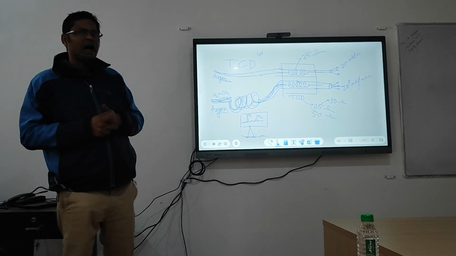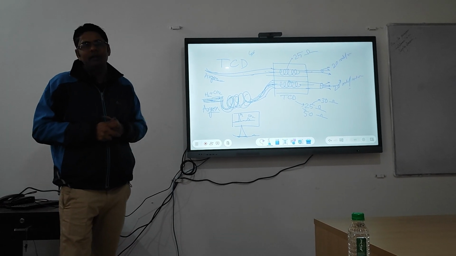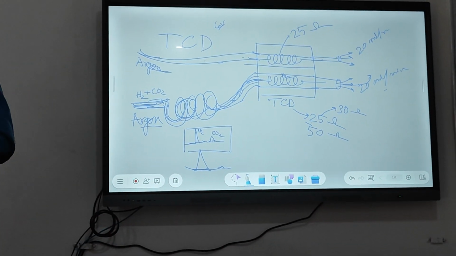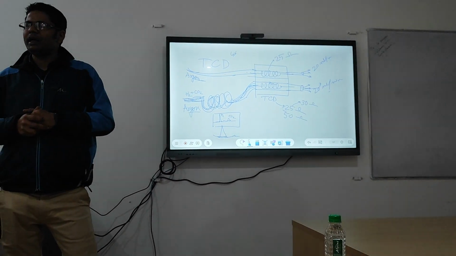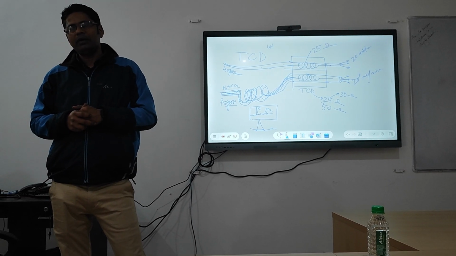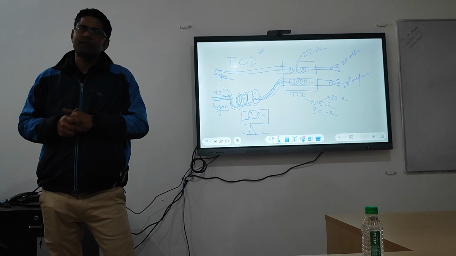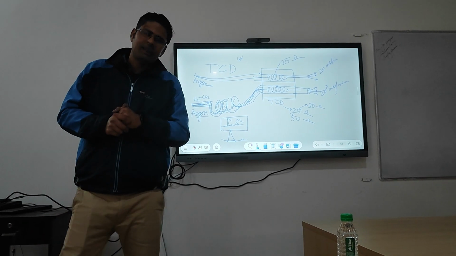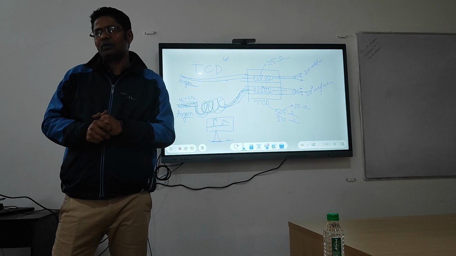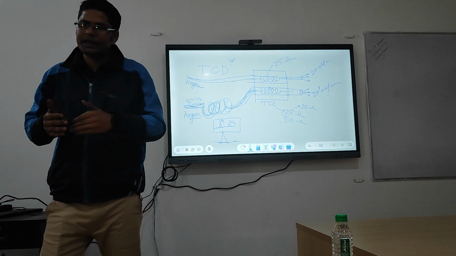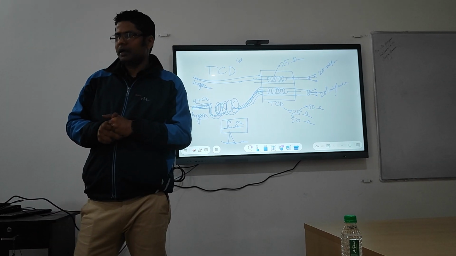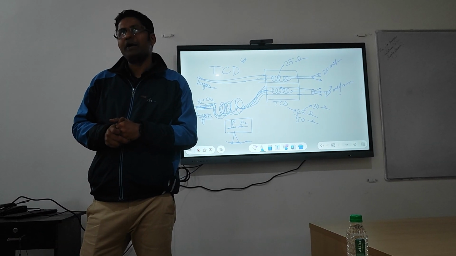If you are using argon or nitrogen as a carrier gas and you need to analyze CO2, nitrogen and CO2 thermal conductivity have no such difference, so you will not get a very good peak for CO2. So for analyzing CO2, the recommended carrier gas is argon, or helium or hydrogen.